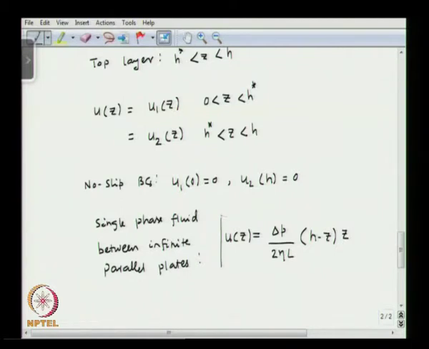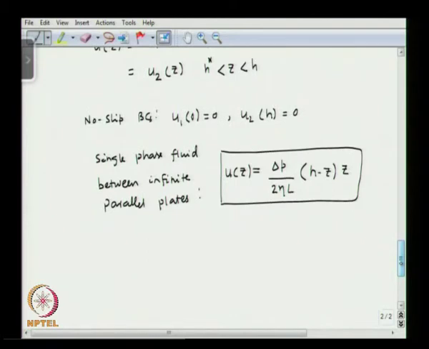This satisfies the boundary conditions at the top and bottom wall, assuming there is a single phase fluid.